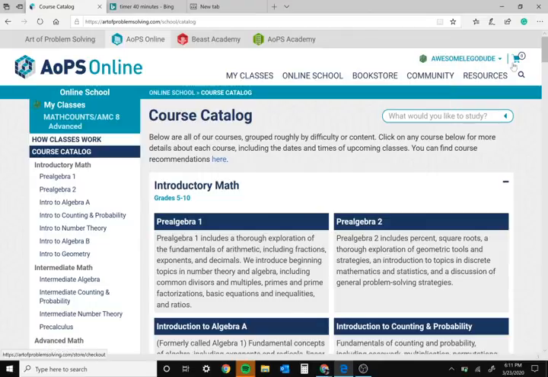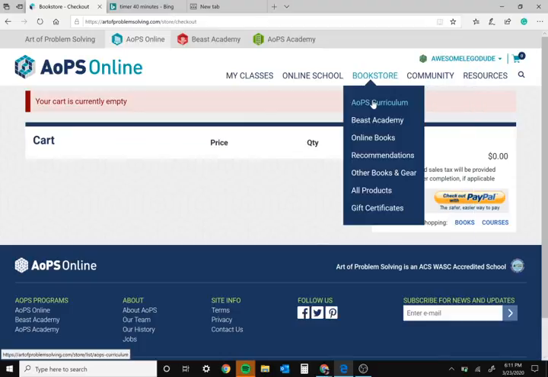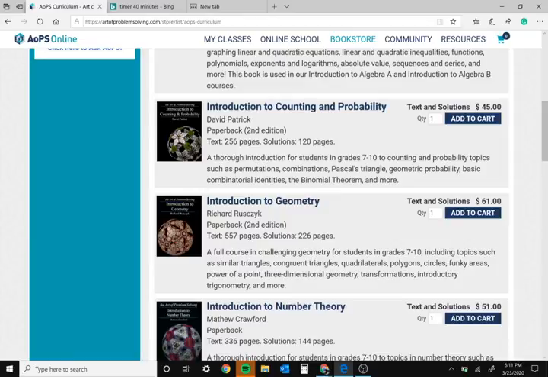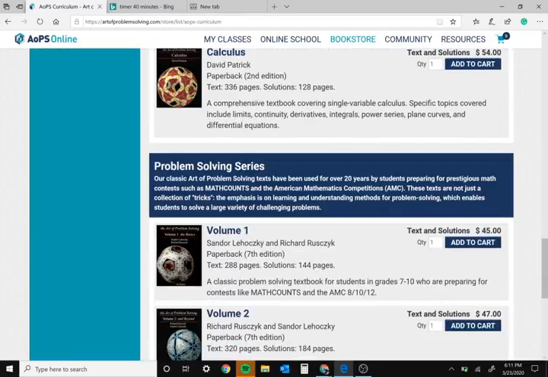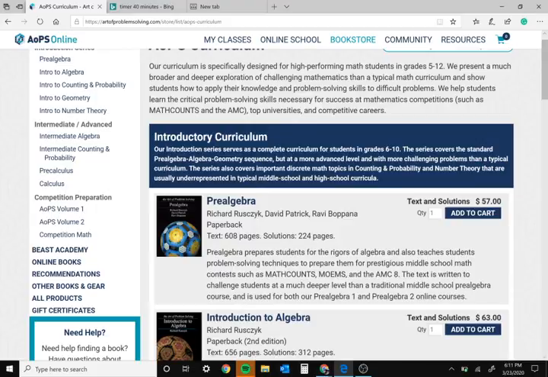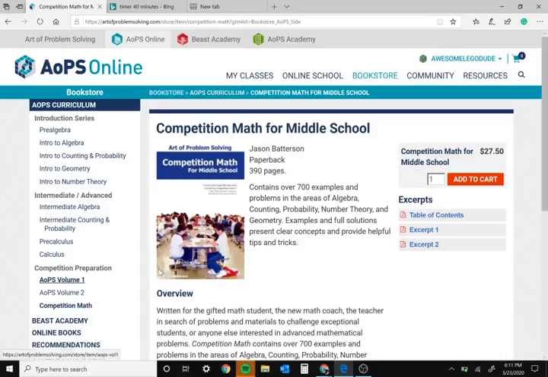There's also a huge library. How can we find the library? Bookstore, of course. AOPS curriculum. So there's all these books: AOPS pre-algebra, algebra, counting, intermediate, all this stuff, which is useful for the classes. You've also got AOPS Volume 1 and Volume 2, which are for preparation. Then you've also got this book, Competition Math for Middle School. Really good book.